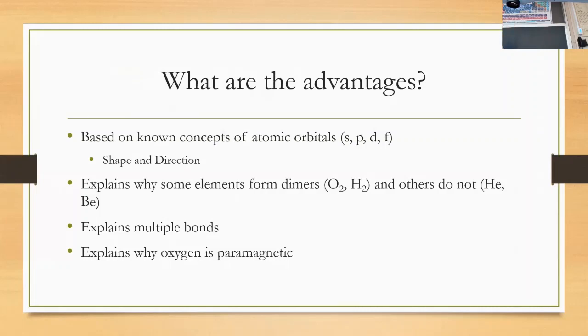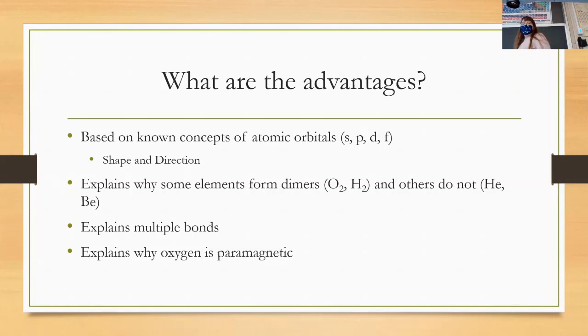We're not going to make our atom decide, oh, suddenly I'm going to bond this way, so now I'm going to switch around and make these hybrid orbitals or those hybrid orbitals. So each atom retains the S, P, D, and F orbitals. Okay. And so this means that those orbitals have a particular shape and they have a particular direction that they point in. And the direction that they point in is going to be important for how molecules bond together.